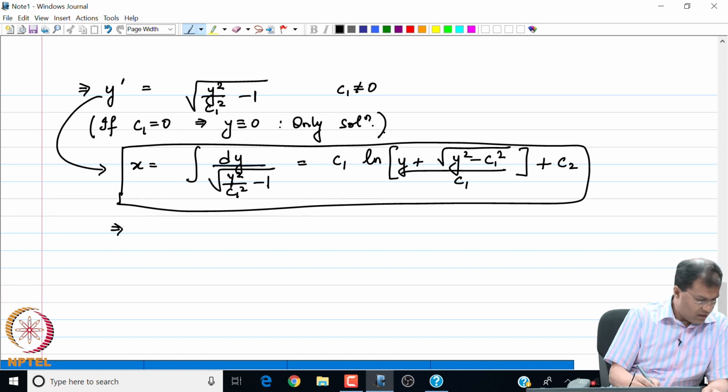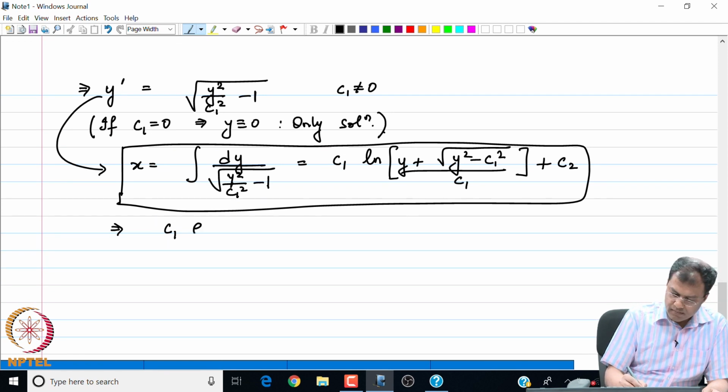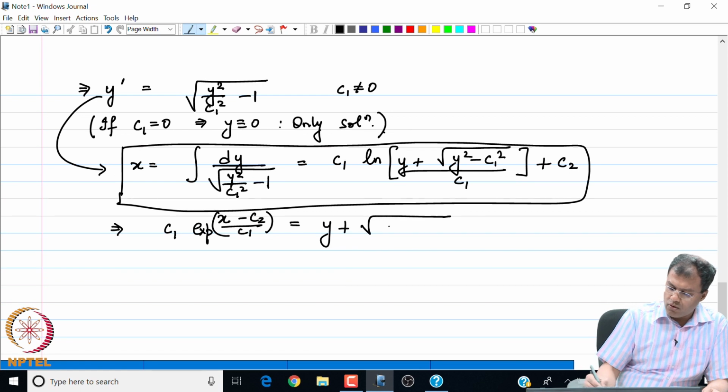I get the exponential of x minus C2 divided by C1, and this is also equal to y plus square root of y square minus C1 square.